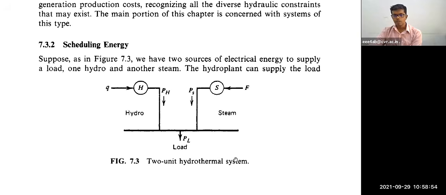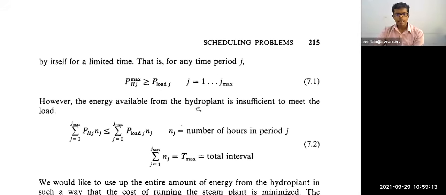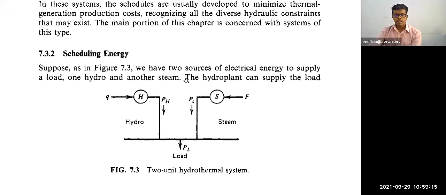This is the two-unit hydrothermal system. Only one generating unit is there for hydro, and one steam generating unit, and power is supplied to meet the load. Let us say we have two sources of electrical energy to supply the load: one is hydro and the other is steam.